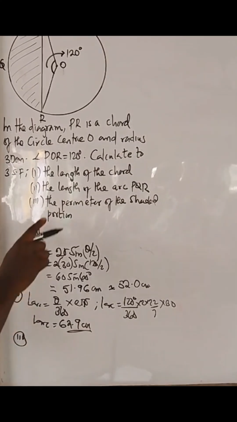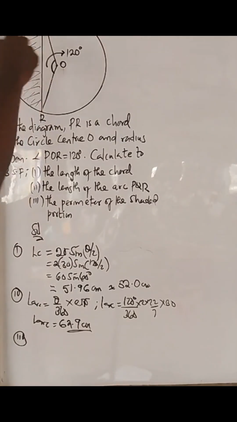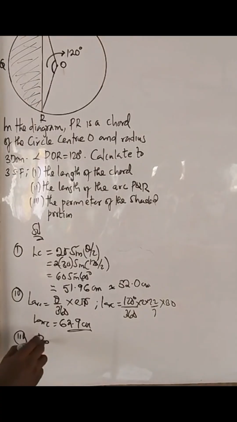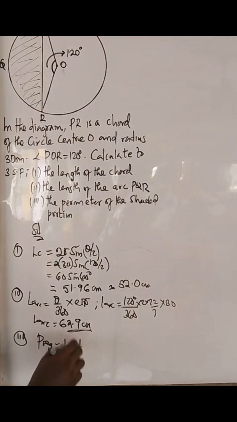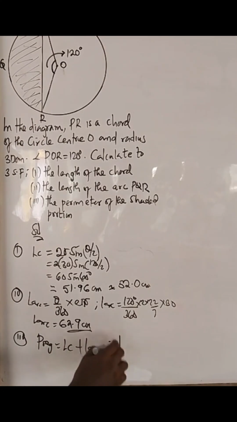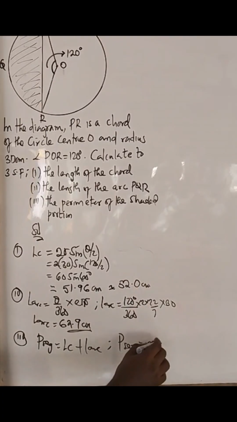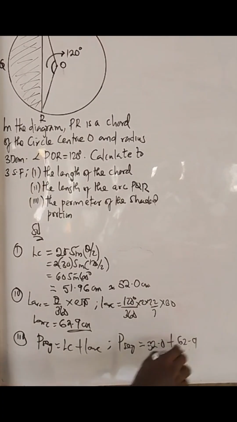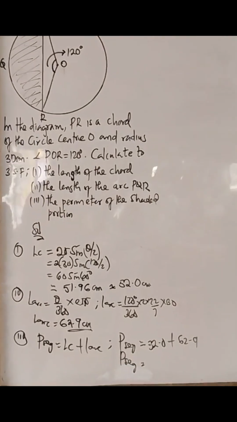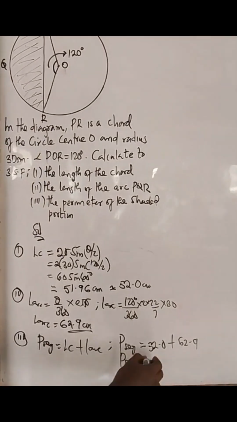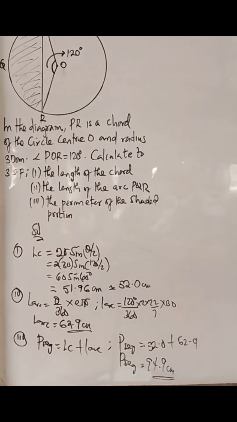Then the third part, the perimeter of the shaded portion. This shaded portion is called a segment. So the perimeter of a segment is the length of the chord plus the length of the arc. From here, the perimeter of the segment becomes 52.0 plus 62.9, which is 94.9 centimeters. So this question is actually a bonus.